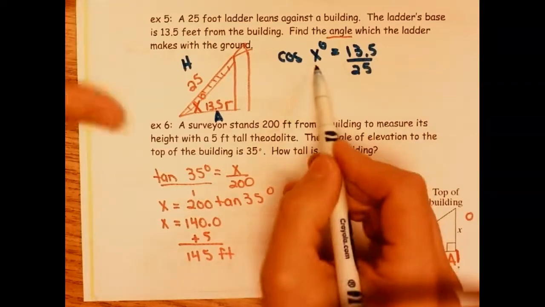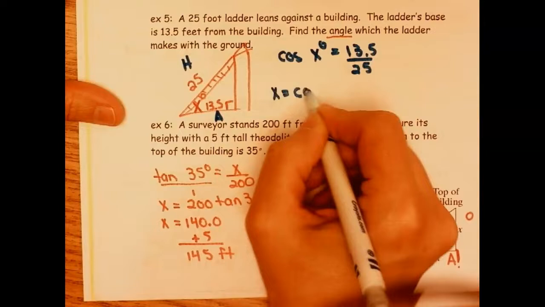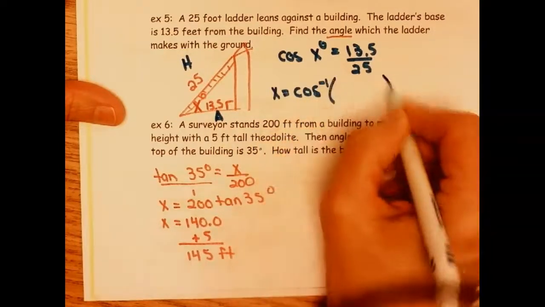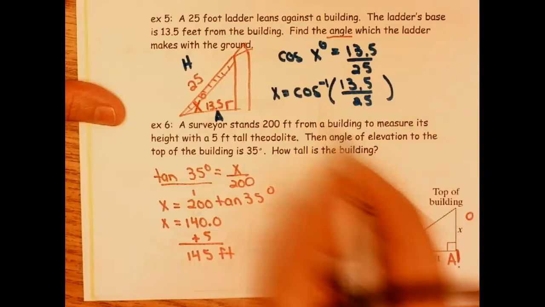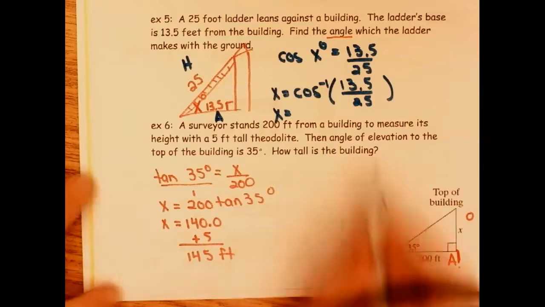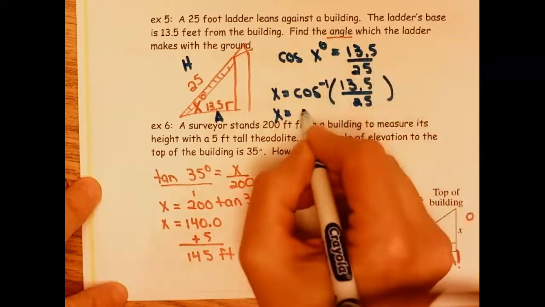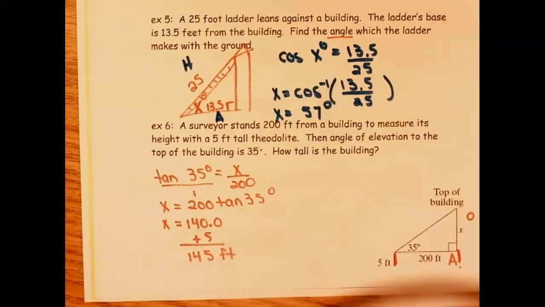So we're looking for that angle that has this ratio. That means to find that we are doing inverse cosine of 13.5 divided by 25. It says round to the nearest degree, and I get 57 degrees.